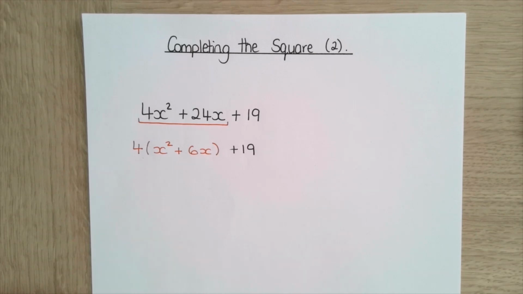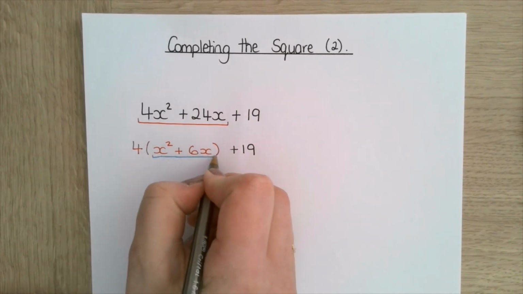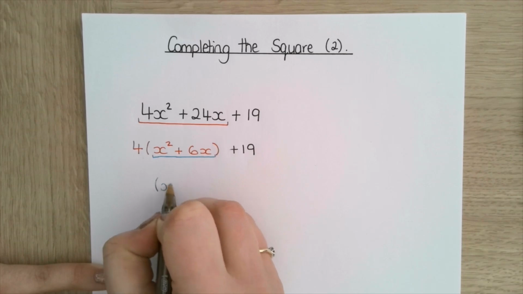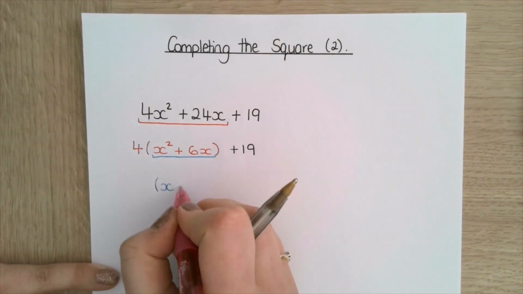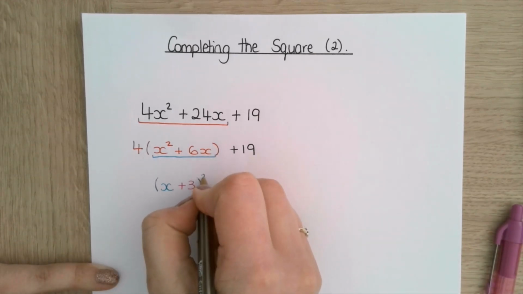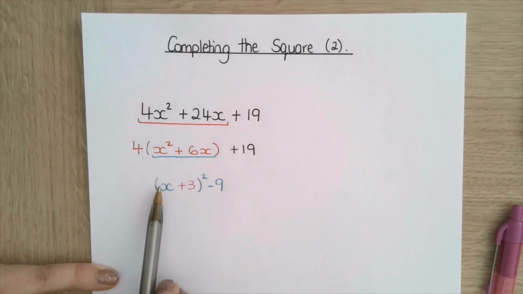Now what I need to do is complete the square as I would usually on those two terms. So from the previous videos you should be confident with this now. Open brackets, x, half the coefficient of x, so that's plus 3, close my brackets and take off the 3 squared. So that bit is this bit here.